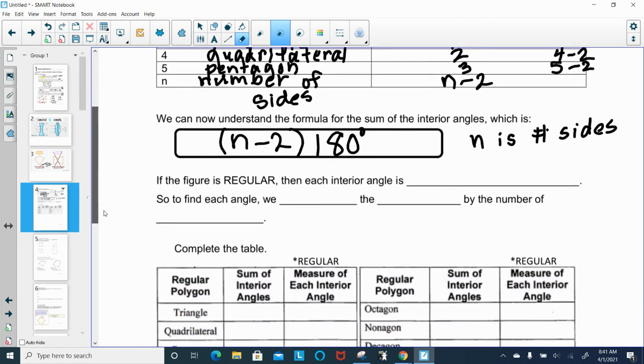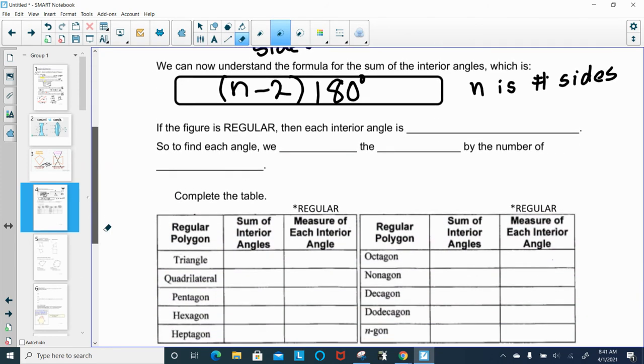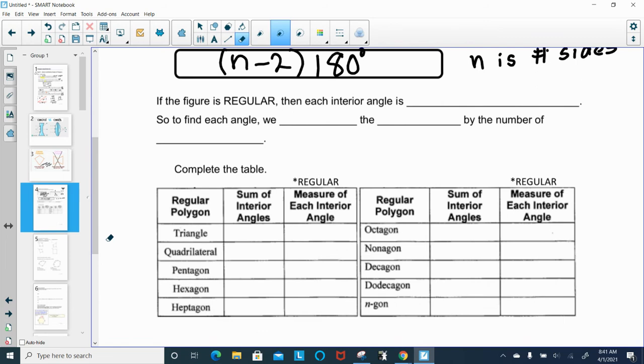Okay, so one other little piece of vocabulary is this word regular, and I'm going to highlight it because it's important. We're going to be talking about regular polygons. Regular means that each interior angle is equal.